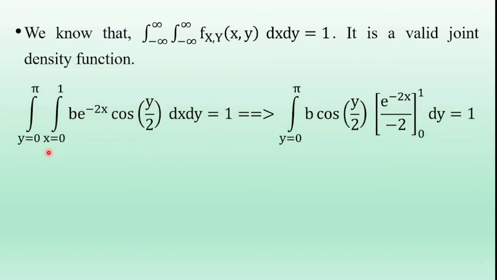So now, integral minus infinity to infinity, integral minus infinity to infinity, fxy of x comma y dx dy. Here the range of y is 0 to pi from the given data, and the range of x is 0 to 1, and the joint density function is b e power minus 2x cos of y by 2 dx dy is equal to 1.